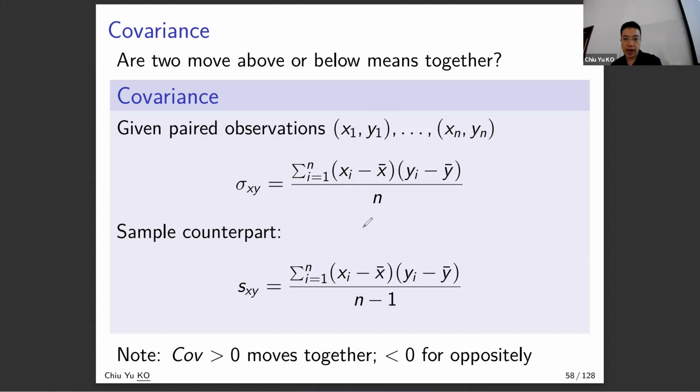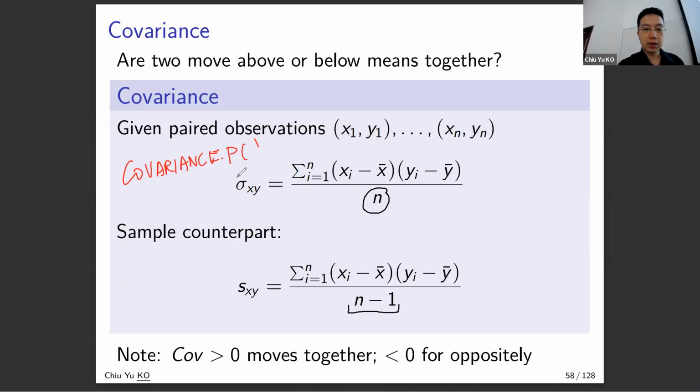And again, we have the same idea as the variance, you have to choose n-1 when you have sample data. For Excel, you will later see this is what we call COVARIANCE.P, and this is COVARIANCE.S. We will go over that after the break, but that's the idea.